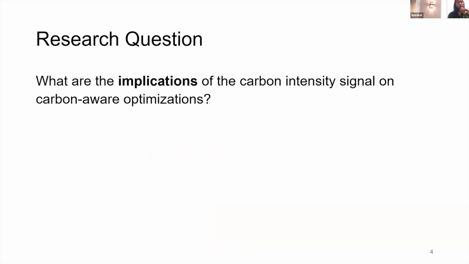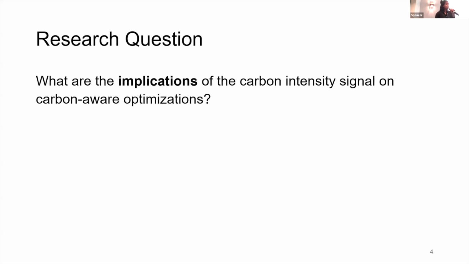The two carbon intensity signals are used in many different decarbonization efforts, including workload shifting, where we want to shift the workload to when and where low carbon energy is available. Such carbon-aware optimizations are enabled by third-party services such as Electricity Maps and WattTime that provide carbon intensity data across regions worldwide. So far, we have discussed that the two carbon intensity signals are calculated differently.